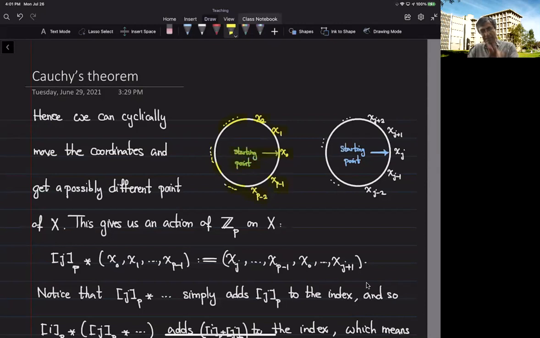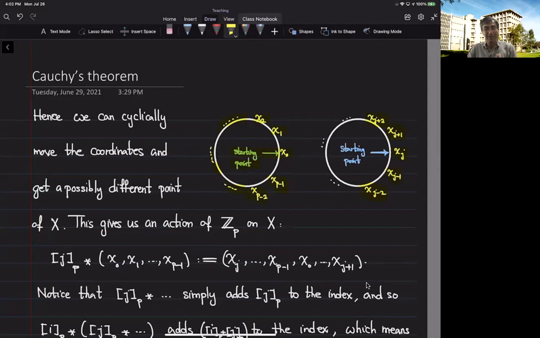Now what we are saying is that if I still use the same x_i's, but rotate them j times, this time my starting point would be x sub j, and then I multiply them till I reach x sub j minus 1. So I'm moving cyclically.